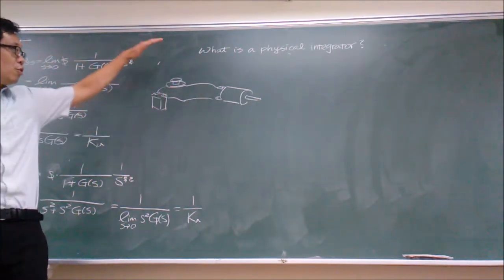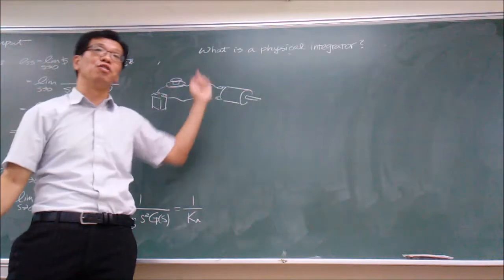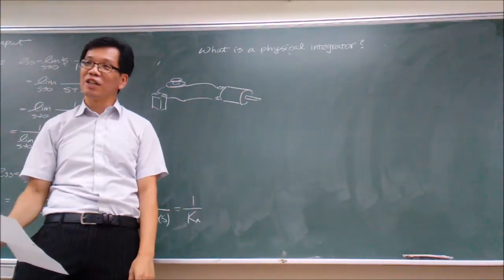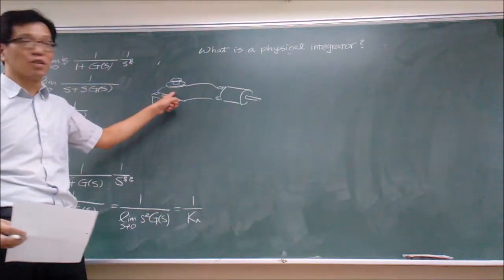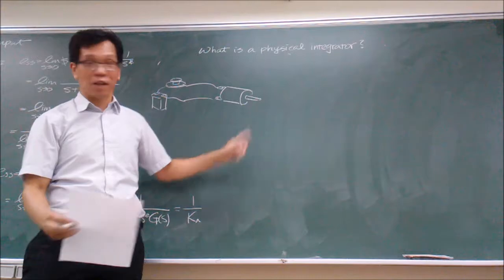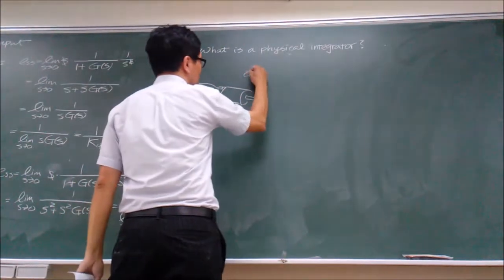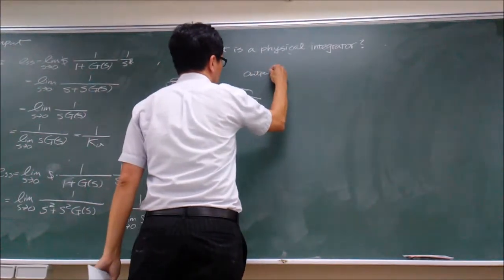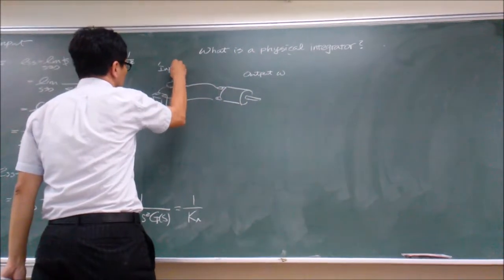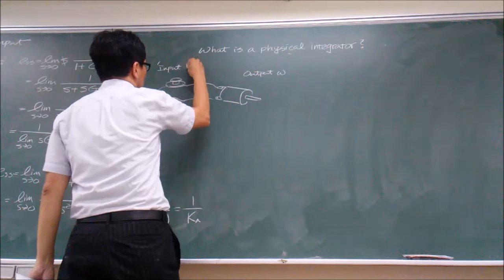You push this one, this motor starts to rotate. So when it's rotating, your constant voltage output is going to get constant what? Velocity or position? Velocity. So the output is omega.